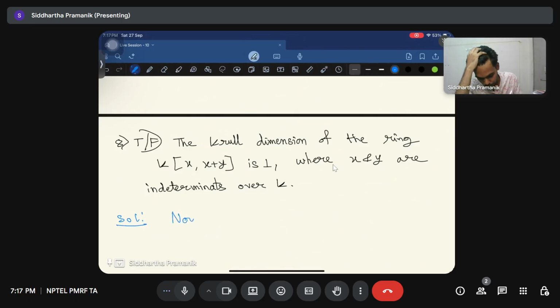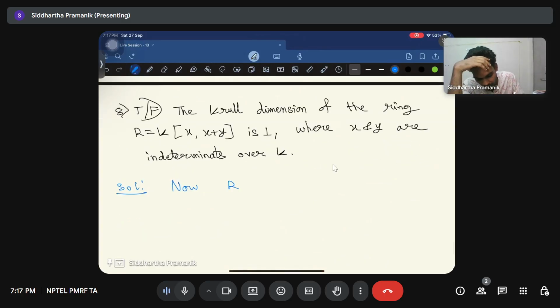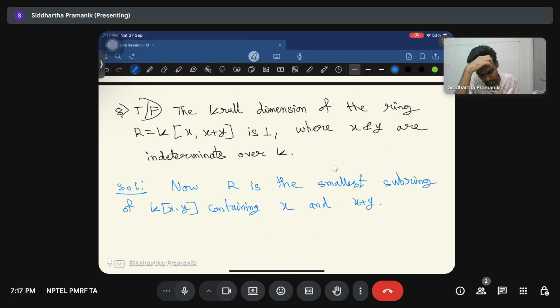Let's say this is R. Now R is the smallest subring of k[x,y] containing x and x plus y, right?